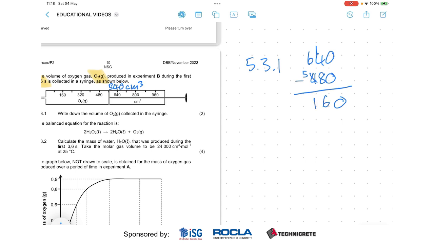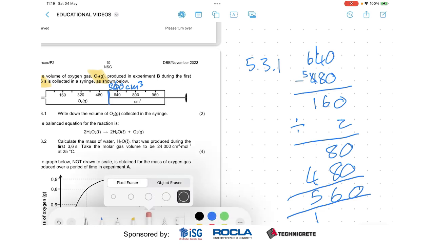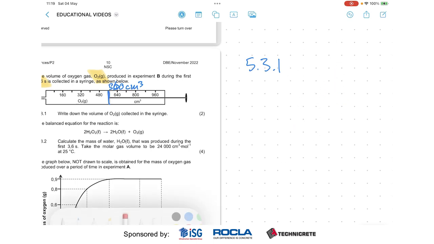Then we need to divide this by 2 because it's halfway, as we can see there. So half of 160 is 80, and then add this back to 480. Gives us 560. So I thought I had added that wrong. So this is actually 560, not 540. So therefore, our volume is 560.